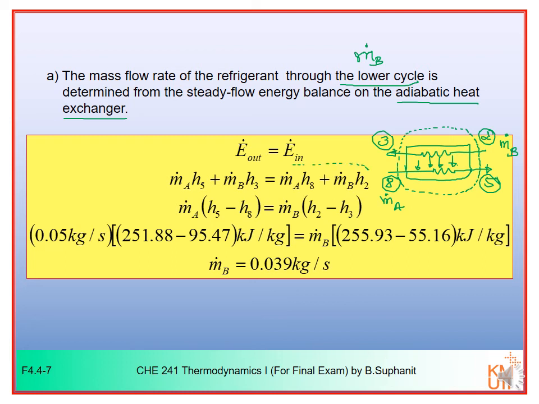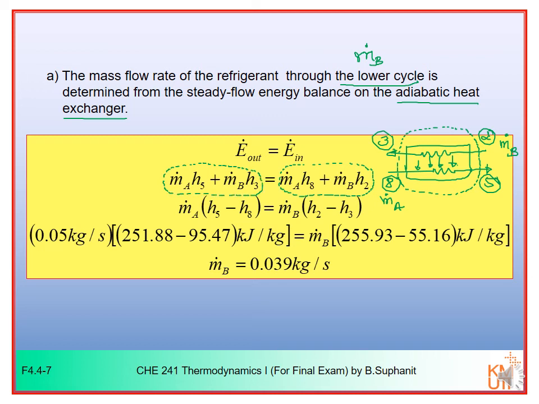This is the enthalpy coming in with the inlet stream flow. And that would be equal to the energy going out with stream number 3, MB H3 plus MA H5.